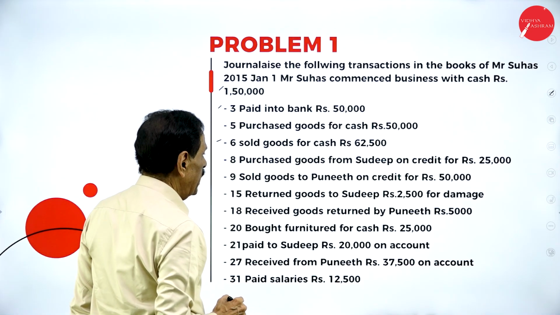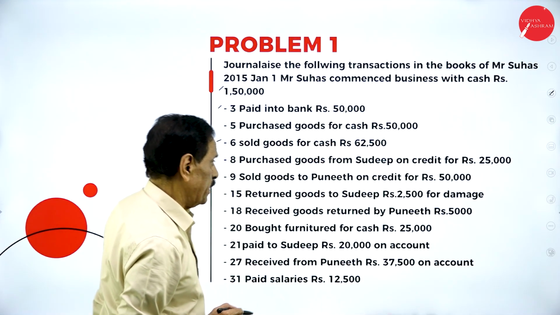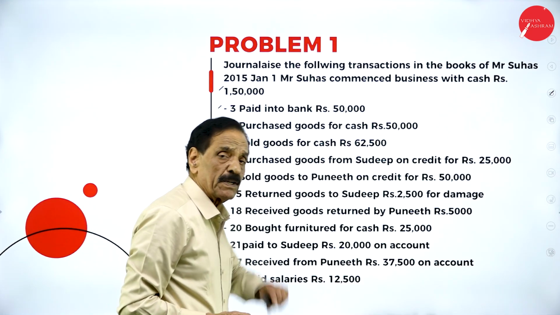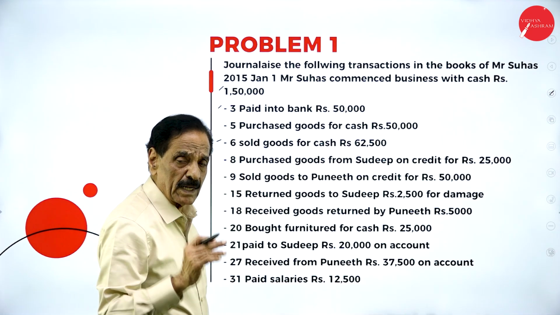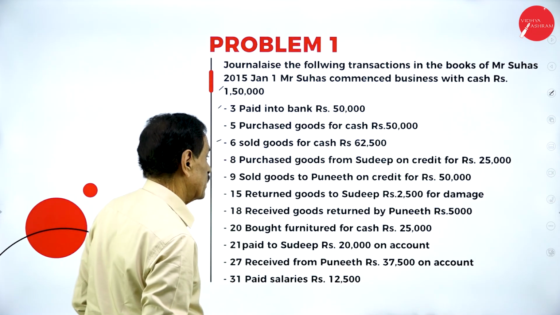Then the 8th. Purchased goods from Sudeep on credit, rupees 25,000. We purchased the goods. We have not paid the amount. From whom is it purchased? Sudeep. Sudeep is a personal account. Debit the receiver, credit the giver. What is coming in? Goods. That is on the 8th.